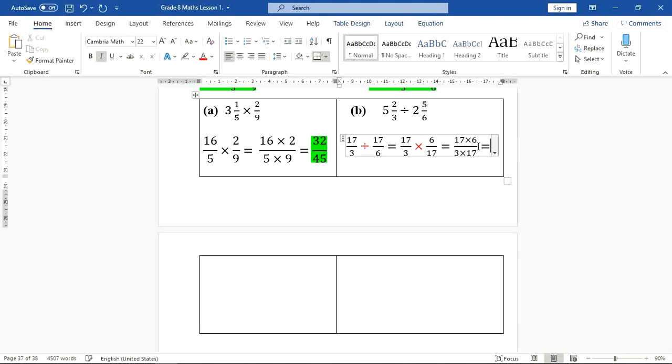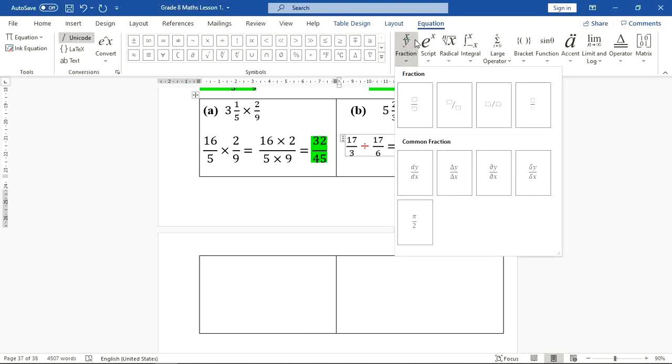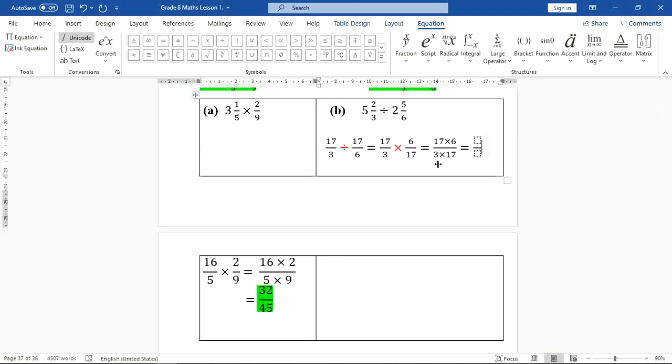So 17 by 6 will give us 102. What a big number. And then 3 times 17 will give us 51.